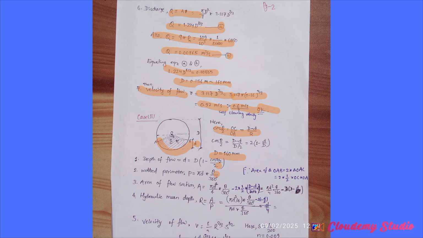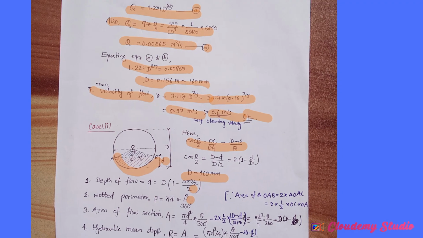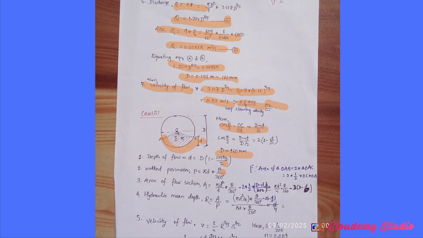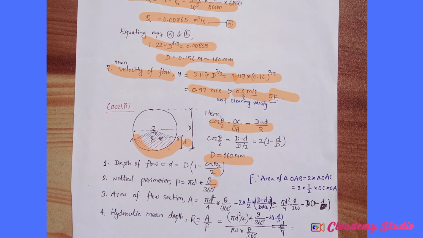Then for the area of flow section, A equals what?